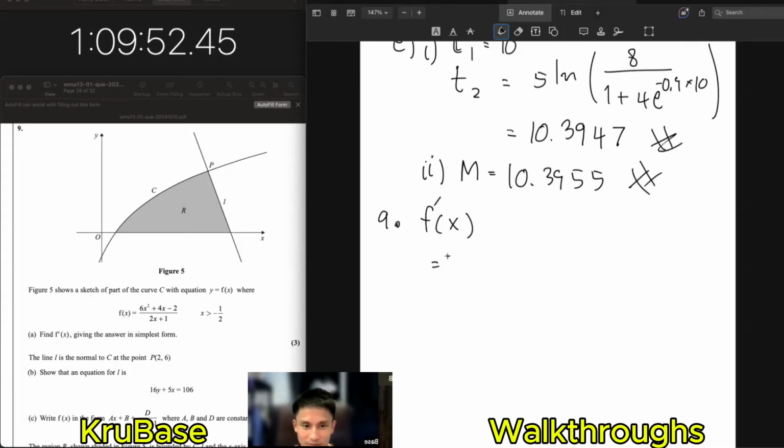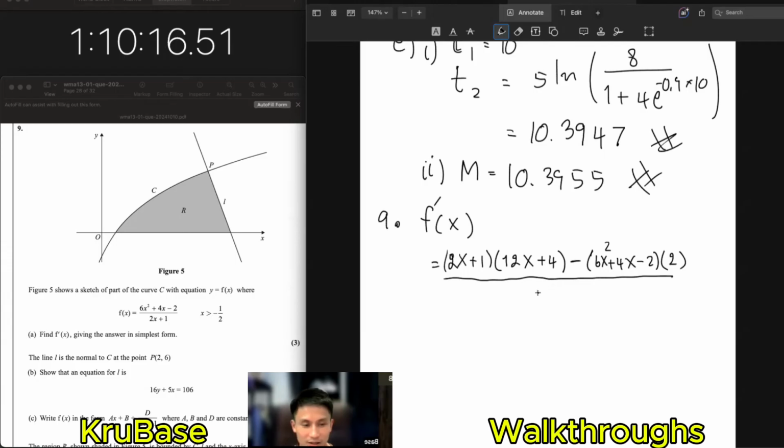So bottom, differentiate top. So differentiate top, I get, bringing 2 down, 12x there for the first term, and then plus 4 because x goes away, and minus top. Yeah, that's the top bit. Then you differentiate the bottom, we get 2, and all divided by the bottom squared.